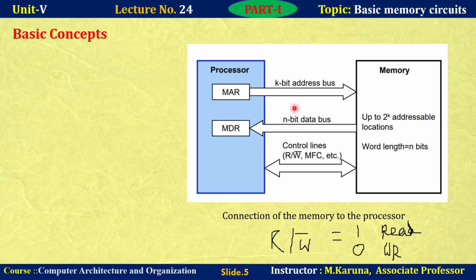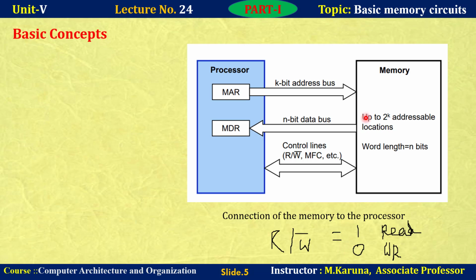Coming to the write operation, the processor writes the data into a memory location by loading the address of this location into MAR, loading the data into MDR, and setting the read/write signal line to 0.